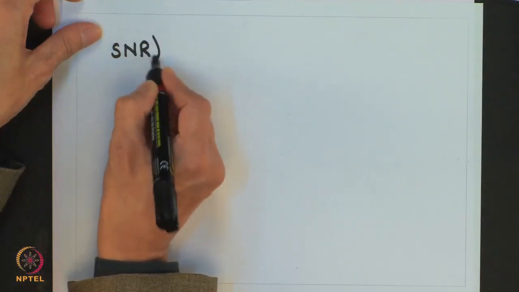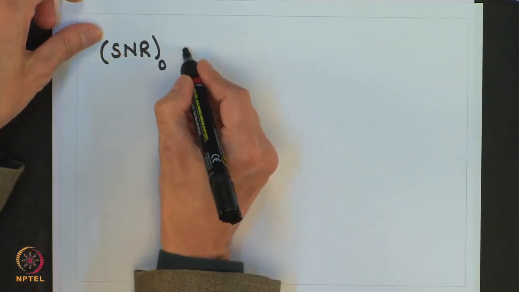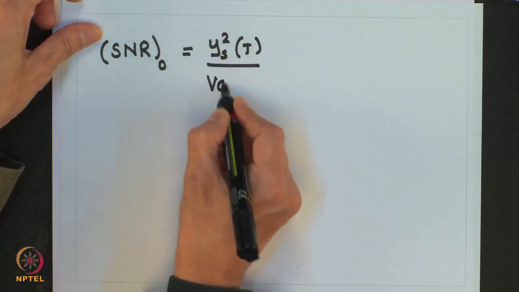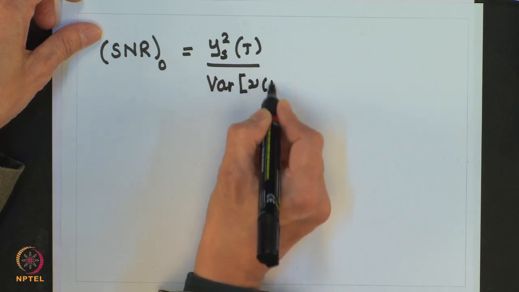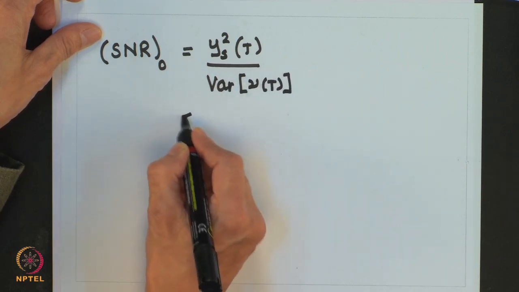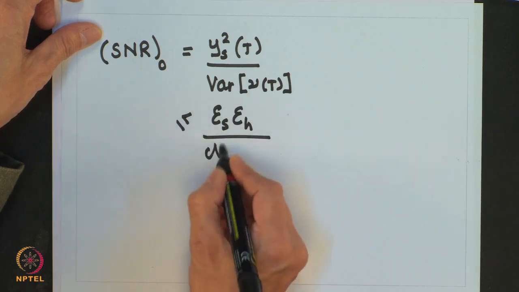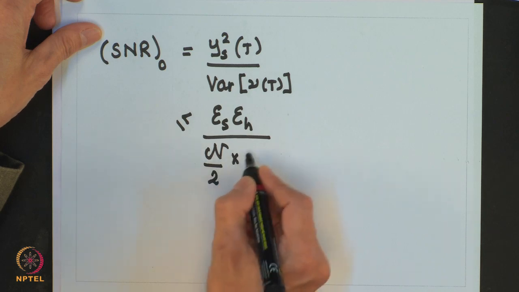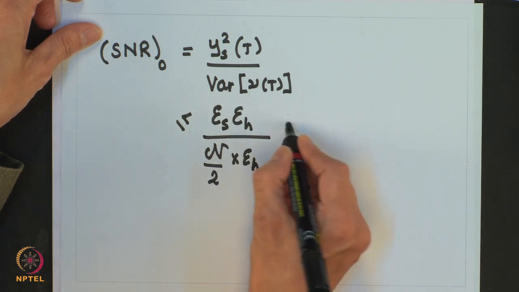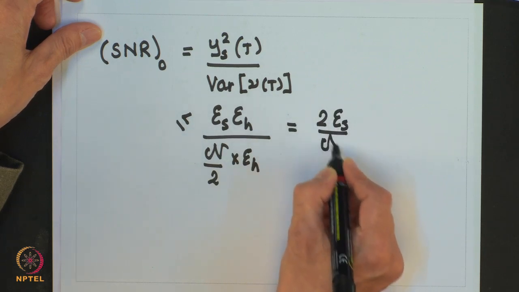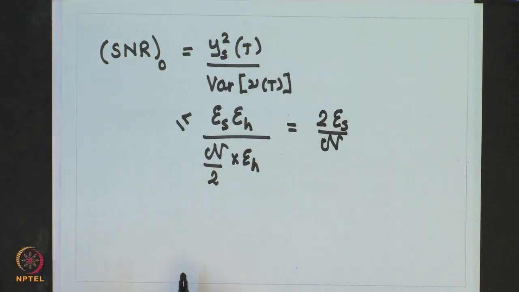So, from this we get the signal to noise ratio at the output of the matched filter, which is equal to this quantity, always less than or equal to twice Es by N. Okay.